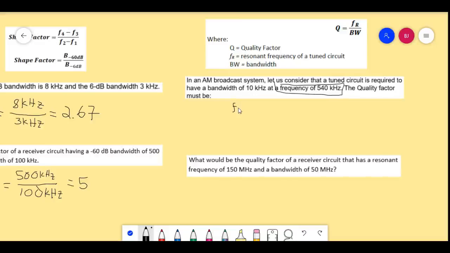So our FR would be 540 kilohertz. And it was stated explicitly here that the bandwidth is 10K. And just like with our other computations, because they both have a prefix of kilo, dividing them directly is possible.